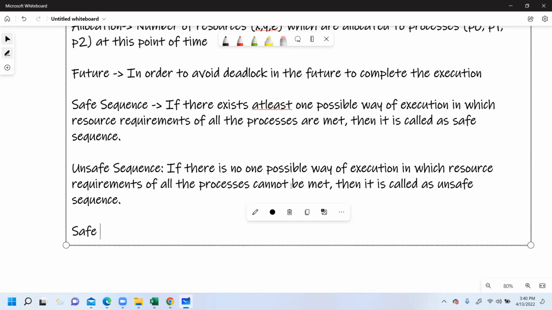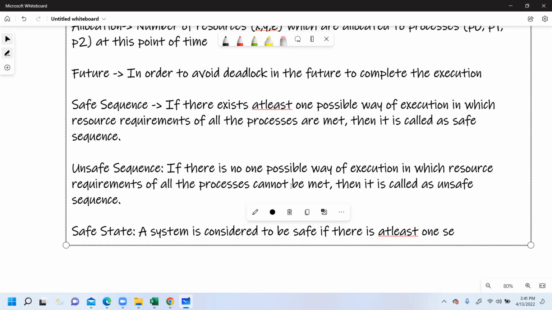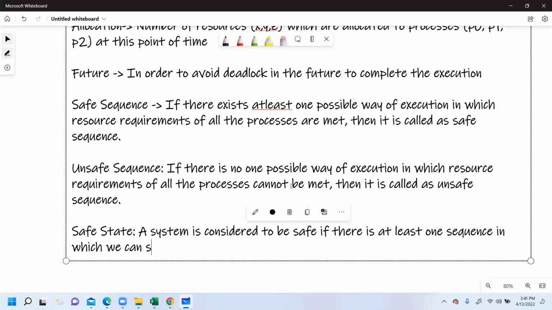Then we define what is a safe state. A system is considered to be safe if there is at least one sequence in which we can satisfy the resource requirements of all processes.